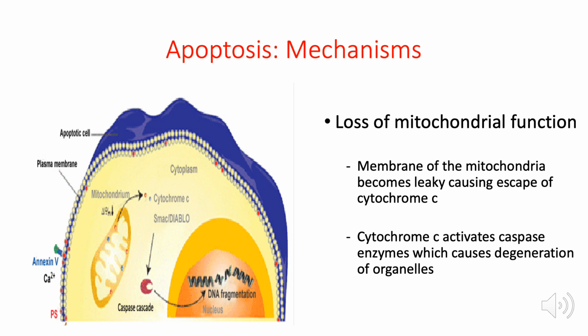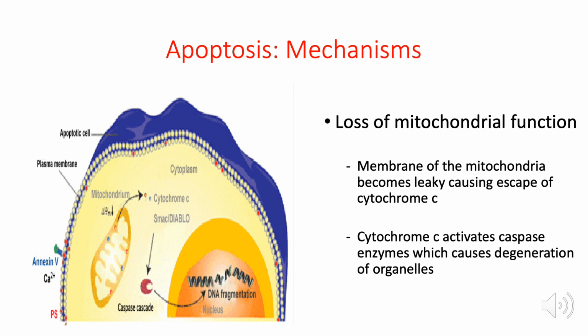Another unique characteristic of apoptosis is that there is the loss of mitochondrial function. The membrane of the mitochondrion will become more permeable or leaky, allowing now the escape of cytochrome C. And this cytochrome C will activate caspase enzyme.